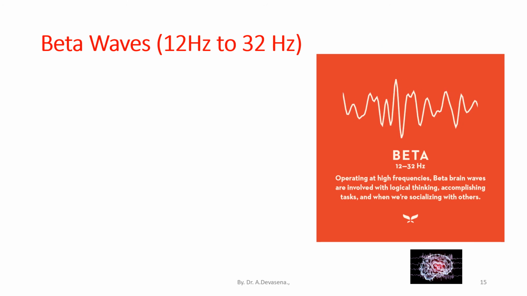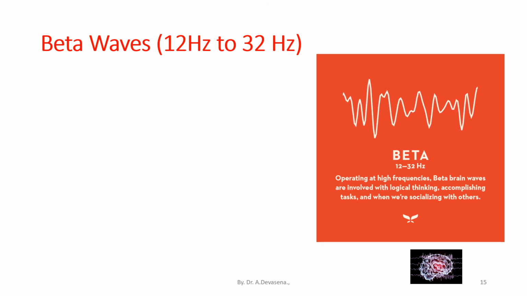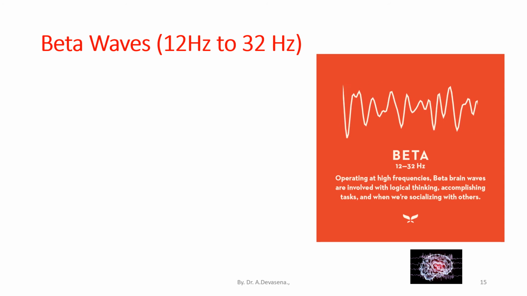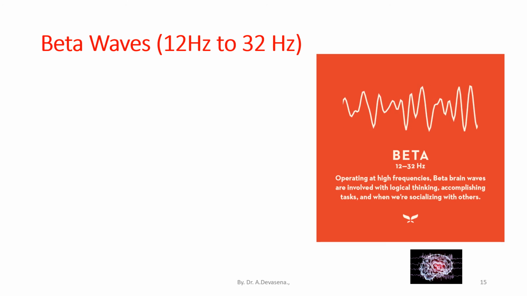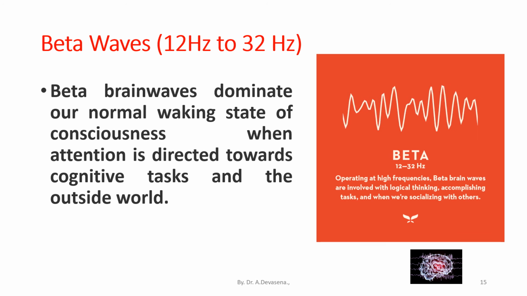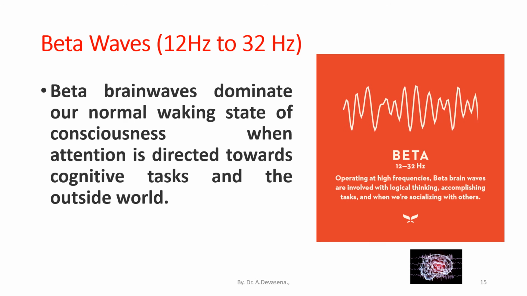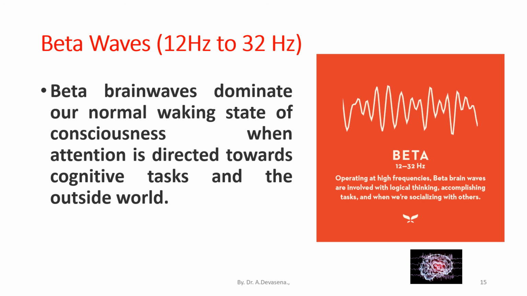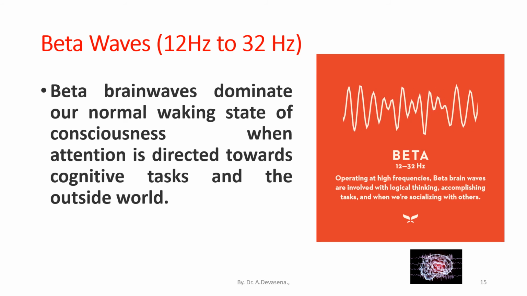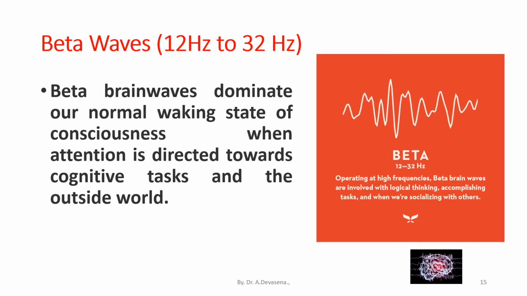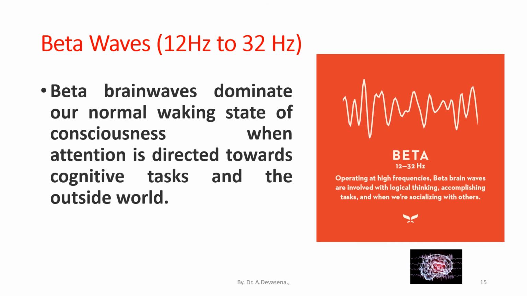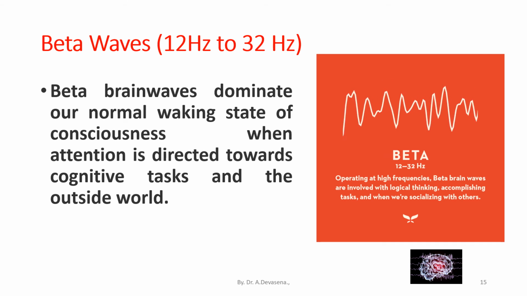Beta waves. The frequency of the beta wave is 12 Hz to 32 Hz. Beta brainwaves dominate our normal waking state of consciousness when attention is directed towards cognitive tasks and the outside world.